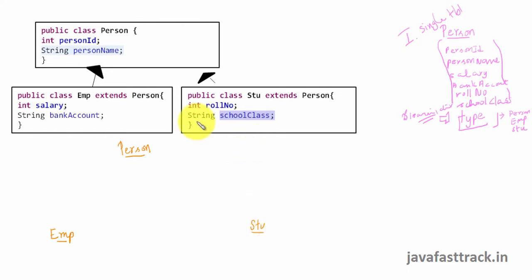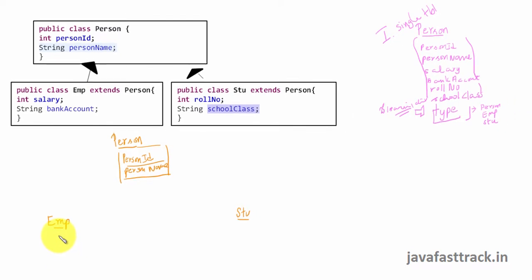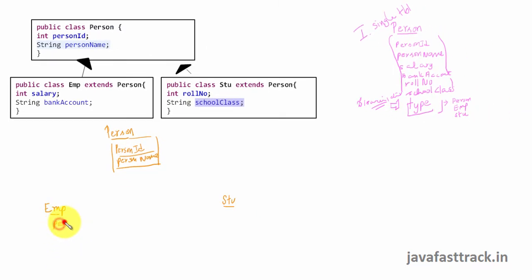So now whenever the client tries to insert person object, that will have 2 fields, person ID and person name. Those will be the columns in the person table. So we have the person table with person ID and person name columns. Now when the client tries to store an employee object, an employee object will have not only employee related fields, it will have common fields also.